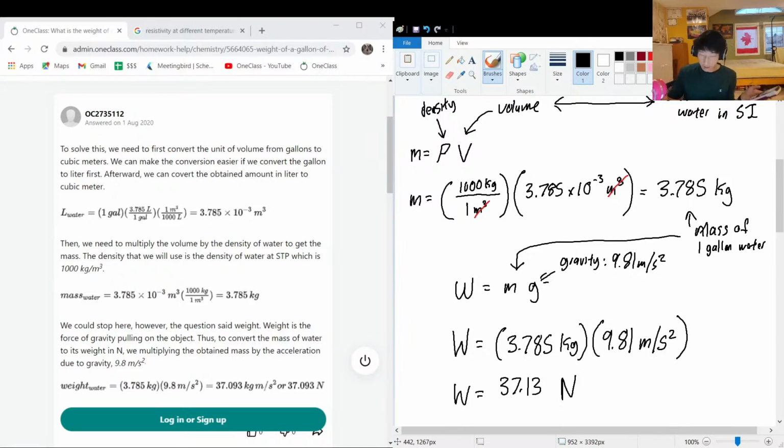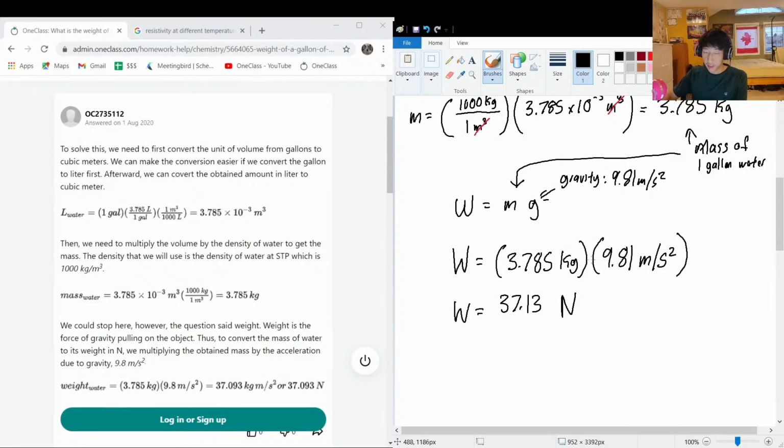Okay, and yeah, kilogram times meter per second squared is newtons. Oh, I guess here in the answers they use 9.8 instead of 9.81. I prefer 9.81 because I like the precision, and I suppose that we should be using 3 significant figures because 9.81 was our limiter for significant figures.